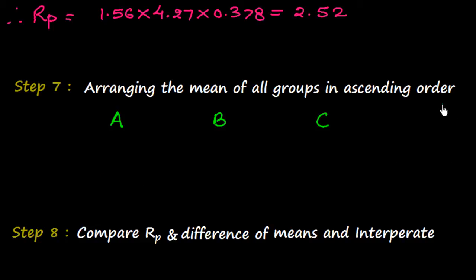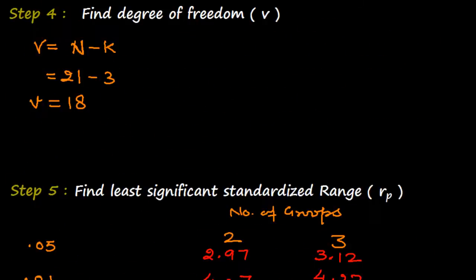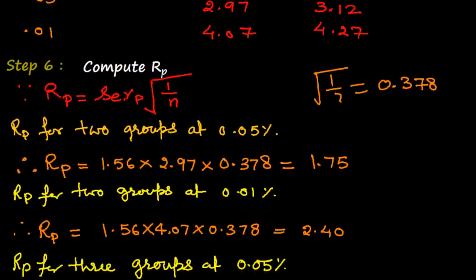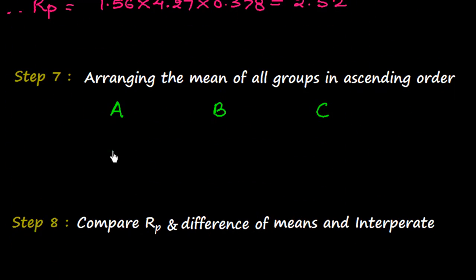The mean of A group is 6, then 8, 11. So we write it in this manner: 6, 8, 11. Here I write down the groups, and here the means.